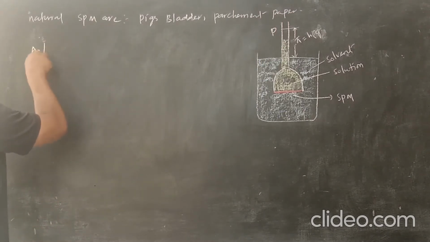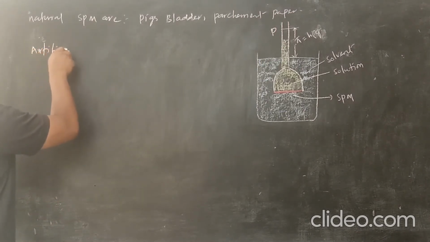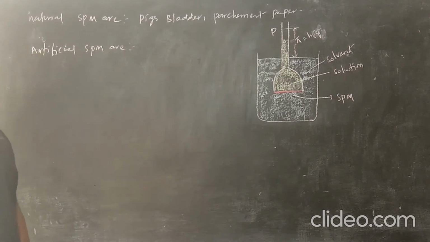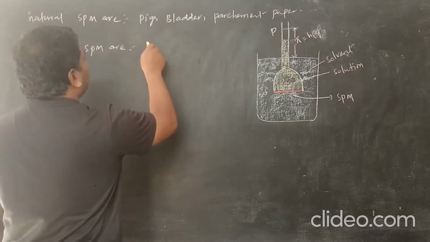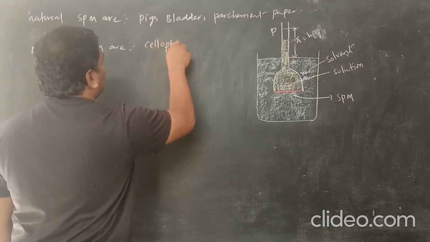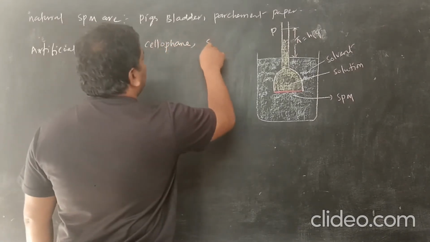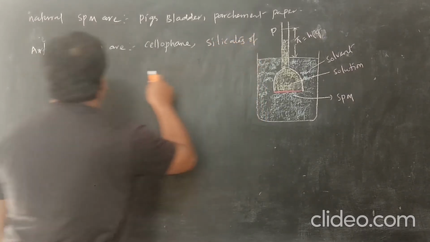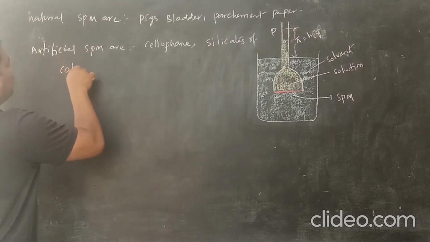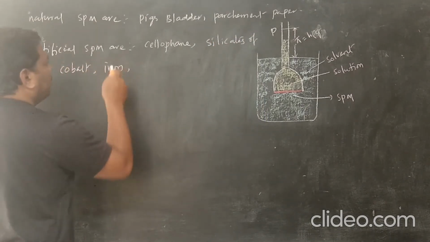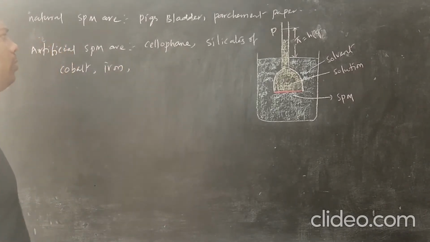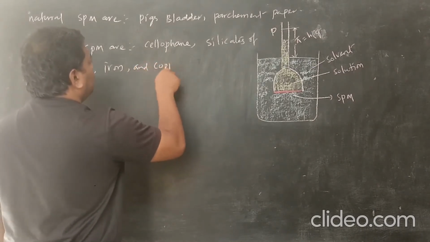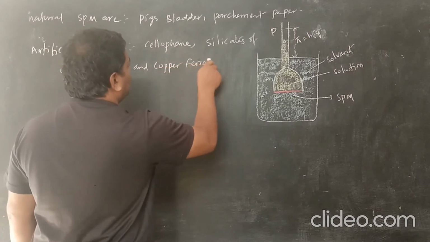So artificial semi-permeable membranes are cellophane, silicates of cobalt, iron, and copper ferrocyanide.